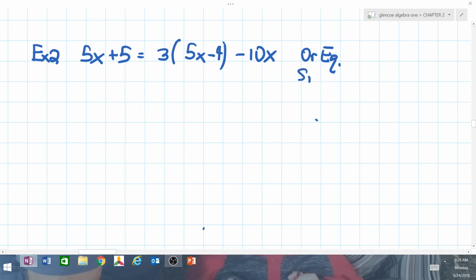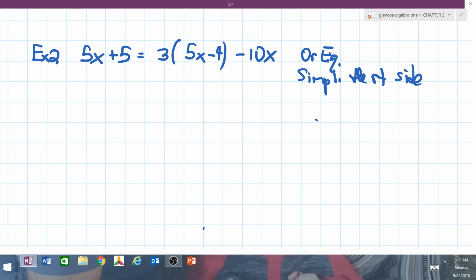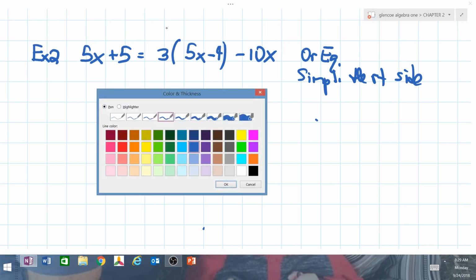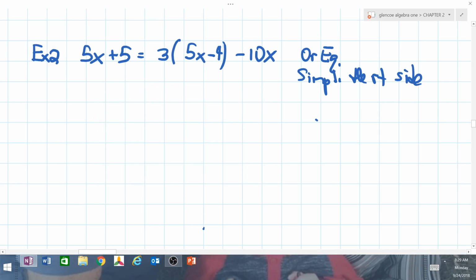Step number 2, let's simplify the right side. So this stays 5x plus 5 equals 3 times 5x is what, class? Minus 3 times 4 is minus 12, minus 10x.